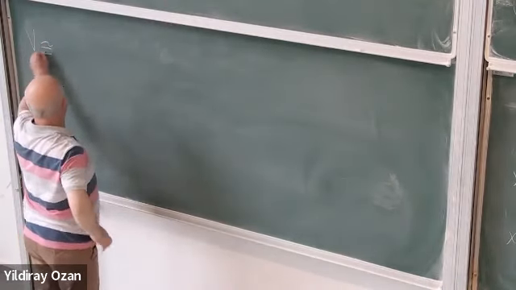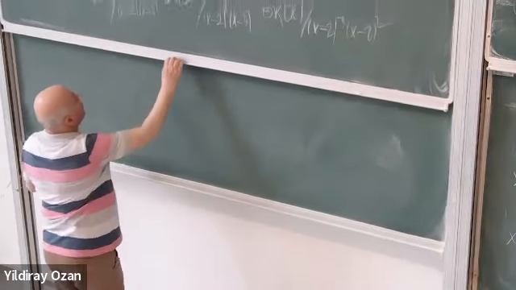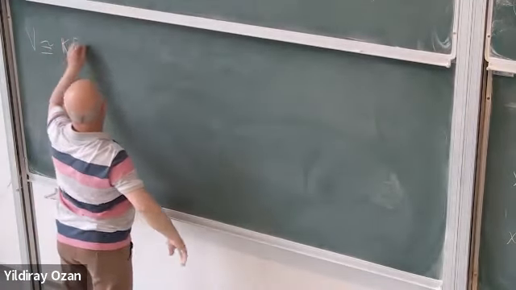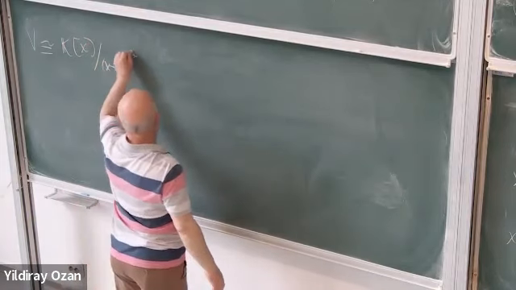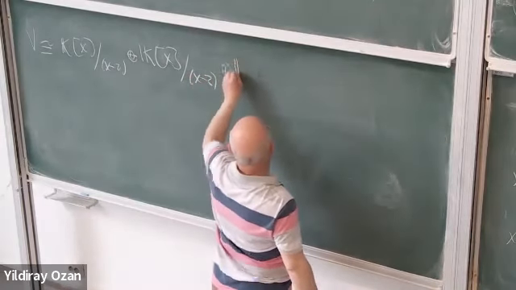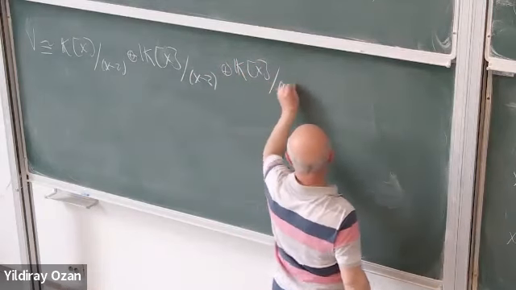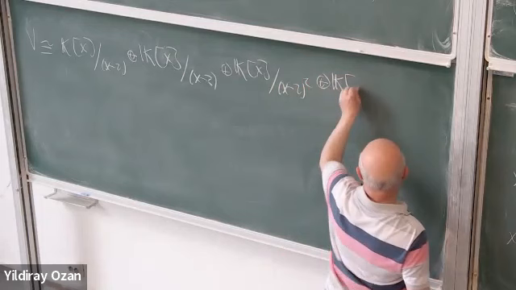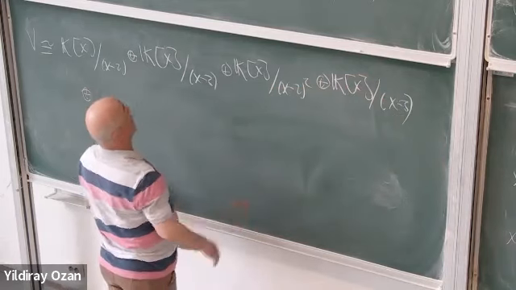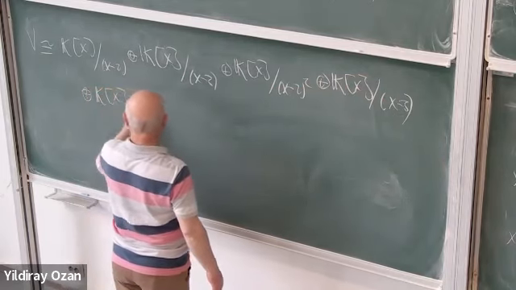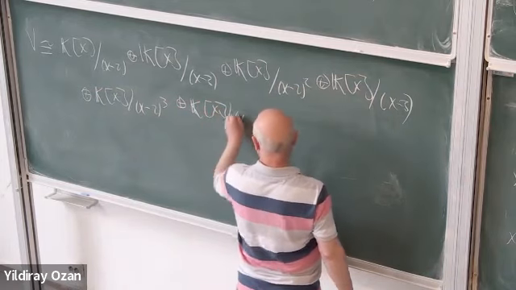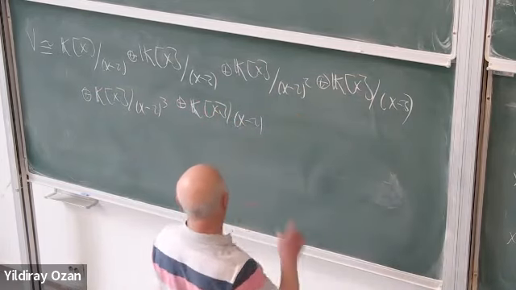So V is isomorphic to, okay, now this thing will break into two parts. kx divided by x minus 2, kx divided by x minus 3, and then kx divided by x minus 2 squared, kx divided by x minus 3, and then kx divided by x minus 2 cubed, and kx divided by x minus 2, yanlış yazdım.